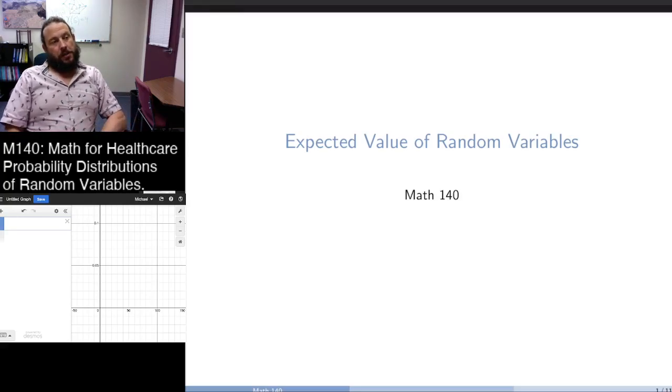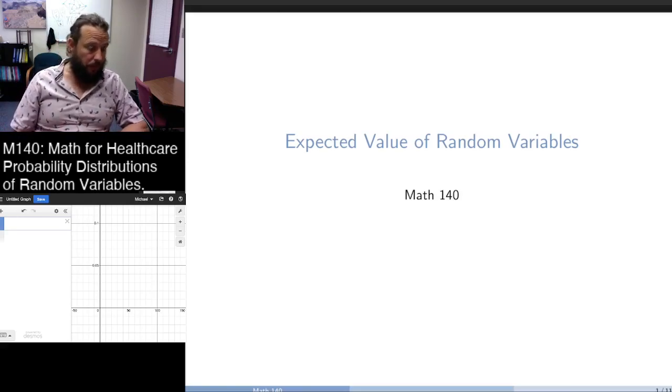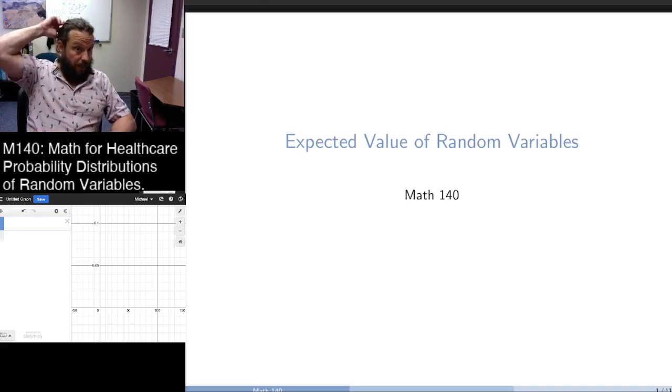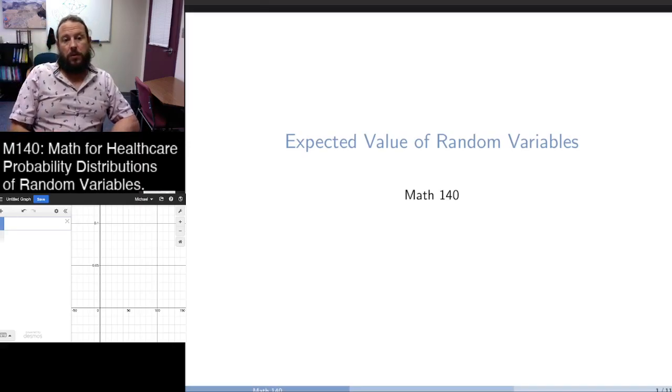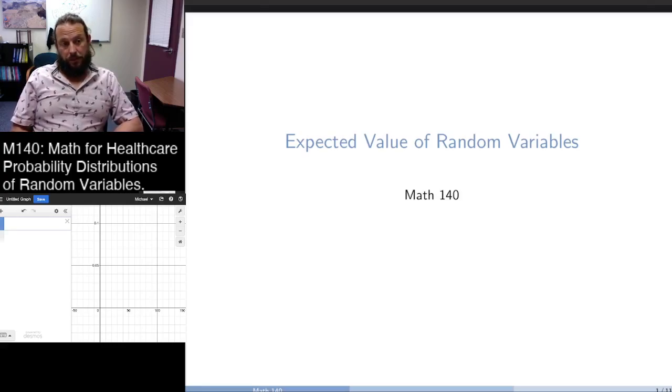And one thing we look at with probability distributions of random variables, one of the big things, is called expected value. Of course, we'll go in and define these things, but the expected value is a long-term average. You could think of it similar to taking the average of things, except in probability.